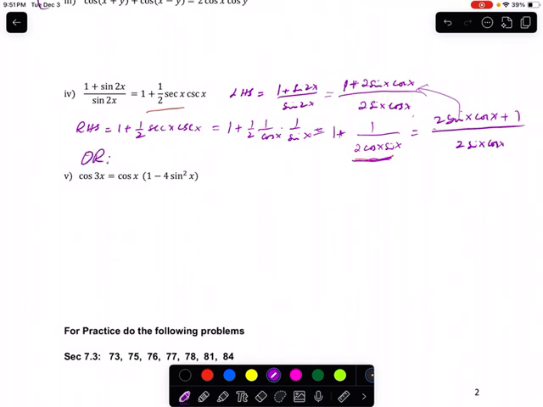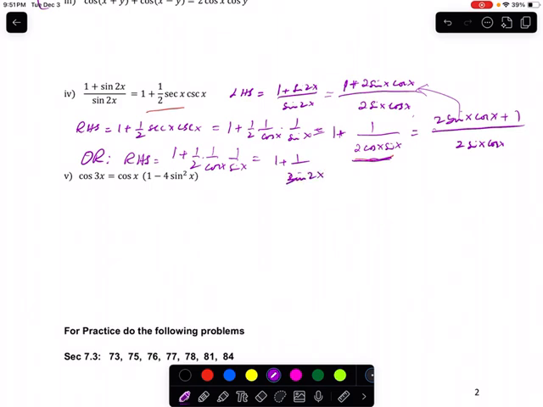Or we could start with the right hand side. 1 plus 1 over 2 sine x cosine x, which we saw is sine 2x.